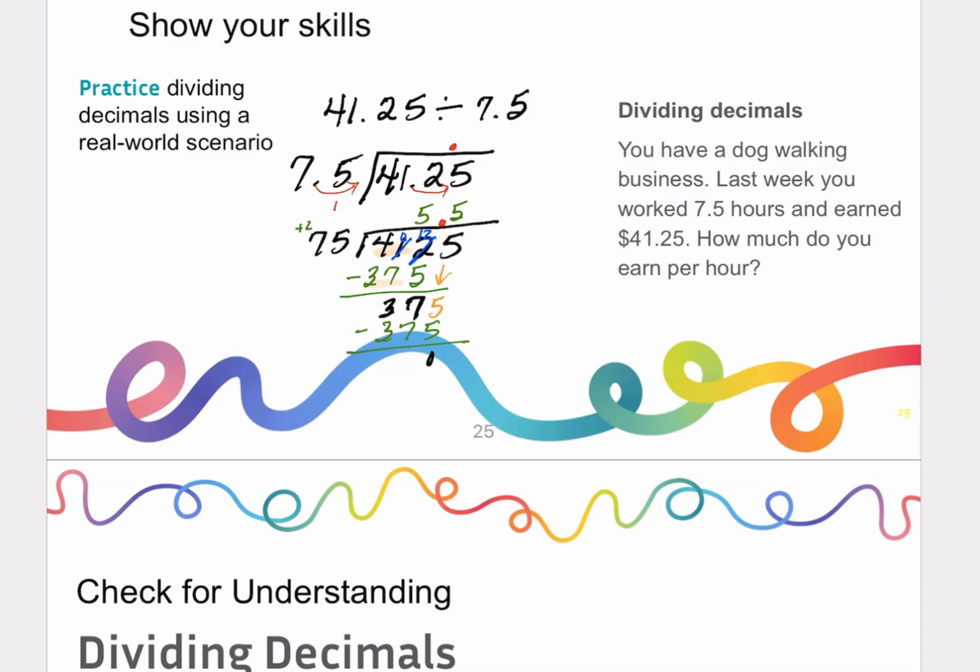So that means for this problem, this person worked 7.5 hours, earning a total of $41.25. And during 1 hour of work, that means they earned $5.50. Please do not forget, because we're talking about money, that decimal place value has to end in hundreds.